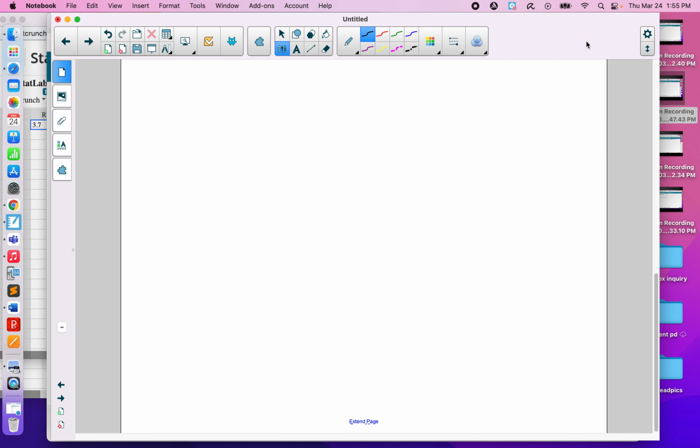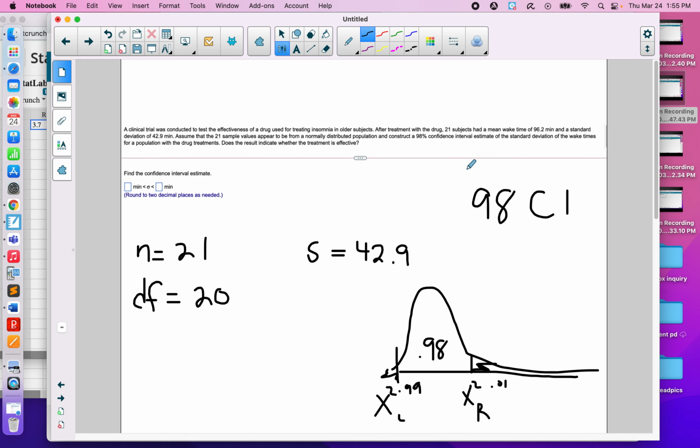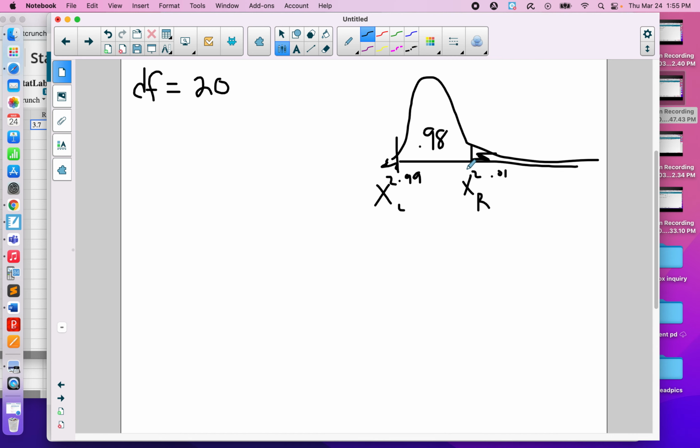Now, what does it look like on our table? So pull out your table and see what your chi-squared value is going to look like. I got to find mine deep down in a book somewhere. So since my degrees of freedom were, what was it? It was 20. I come down to 20.